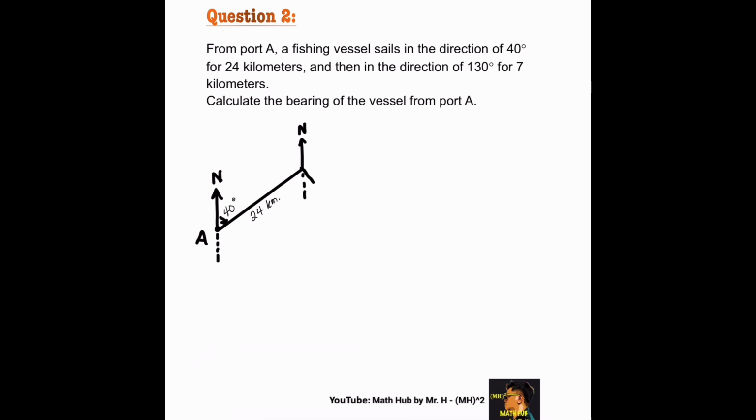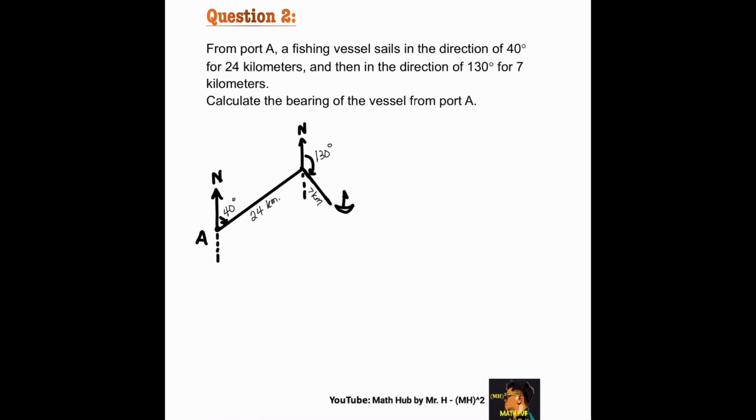All right, guys, so this is, say, 130 degrees. And it gave us a distance of 7 kilometers. Let's say this is 7. All right, and this is where the fishing vessel is, and that distance is 7 kilometers.